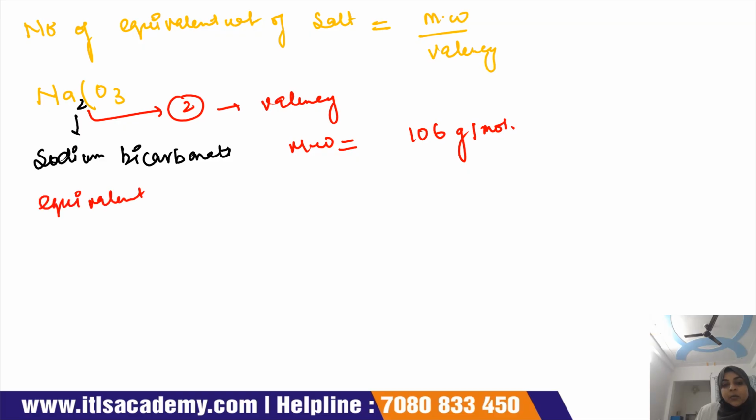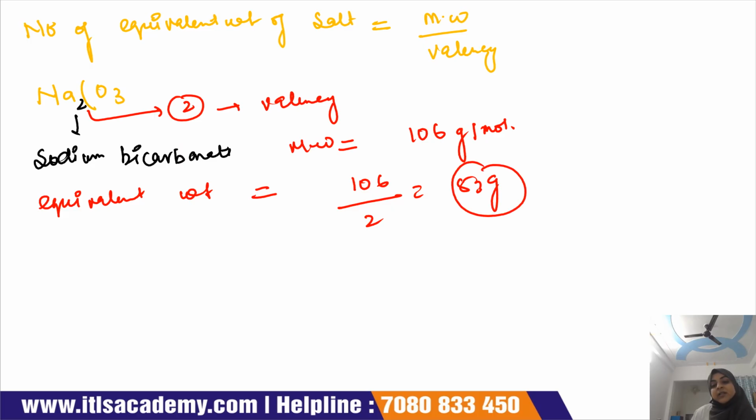Equivalent weight is equal to molecular weight 106 divided by 2, that is equal to 53 gram. Now if we dissolve this 53 gram into 1000 ml of distilled water, then we get a 1 normal solution of sodium carbonate.